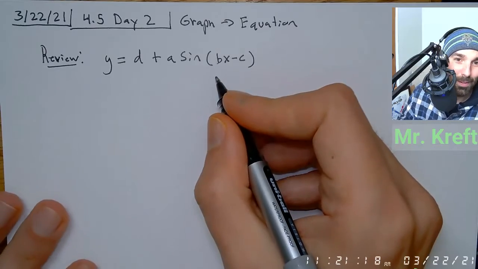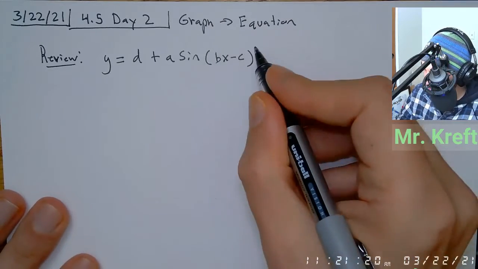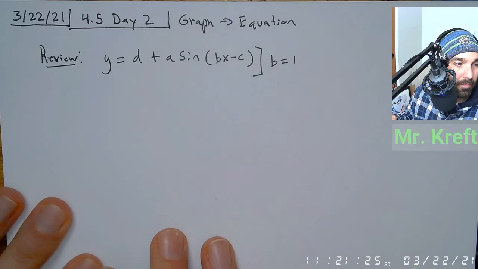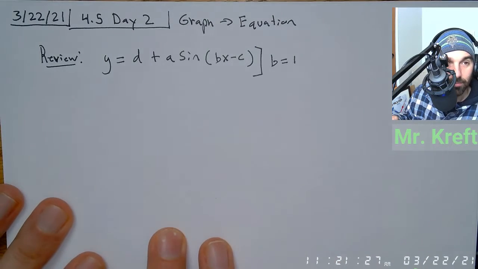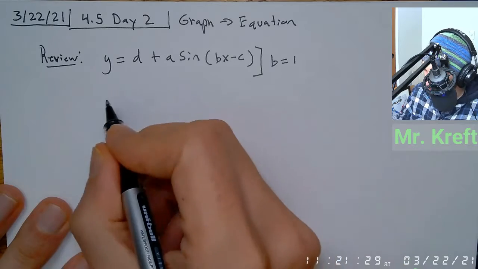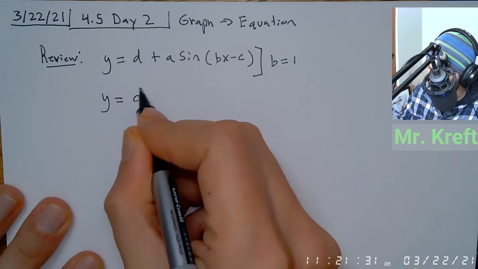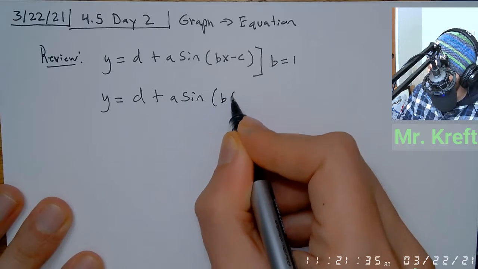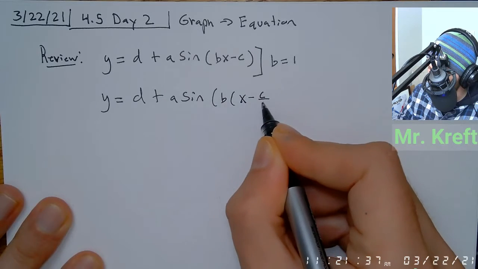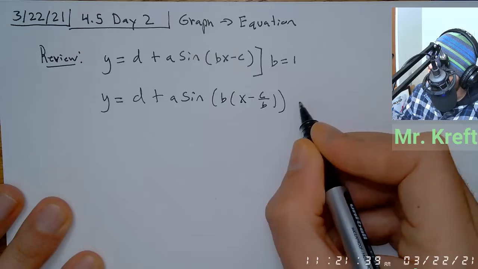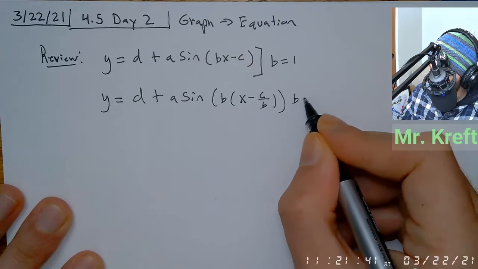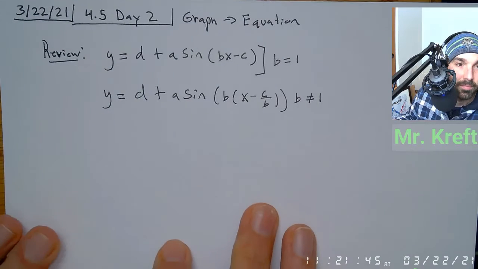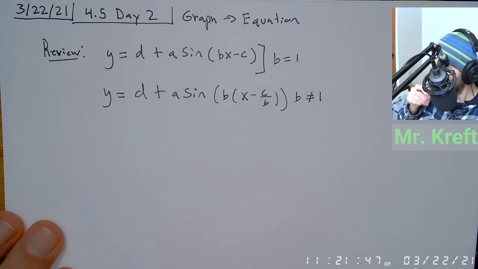But remember, this is only if b equals 1. If b doesn't equal 1, then we have to factor that inside, as we talked about last class: b times the quantity x minus c over b. So this is if b is not 1.